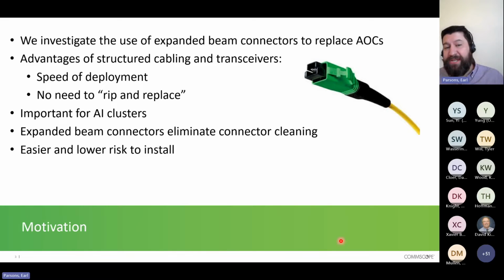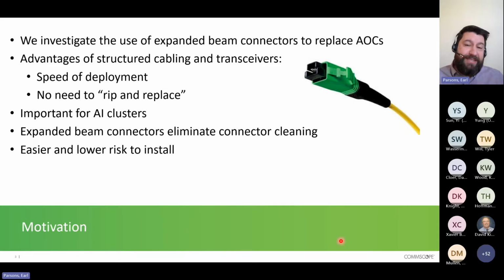There are some advantages to using structured cabling and transceivers instead of active optical cables. The first one is it's a lot faster to deploy because you can separate when the passive cable infrastructure is deployed versus when the active equipment is deployed. Also, when you upgrade your system from one speed to another, if you use AOCs, you have to remove all those and repopulate your cable trays with new AOCs with a faster data rate.